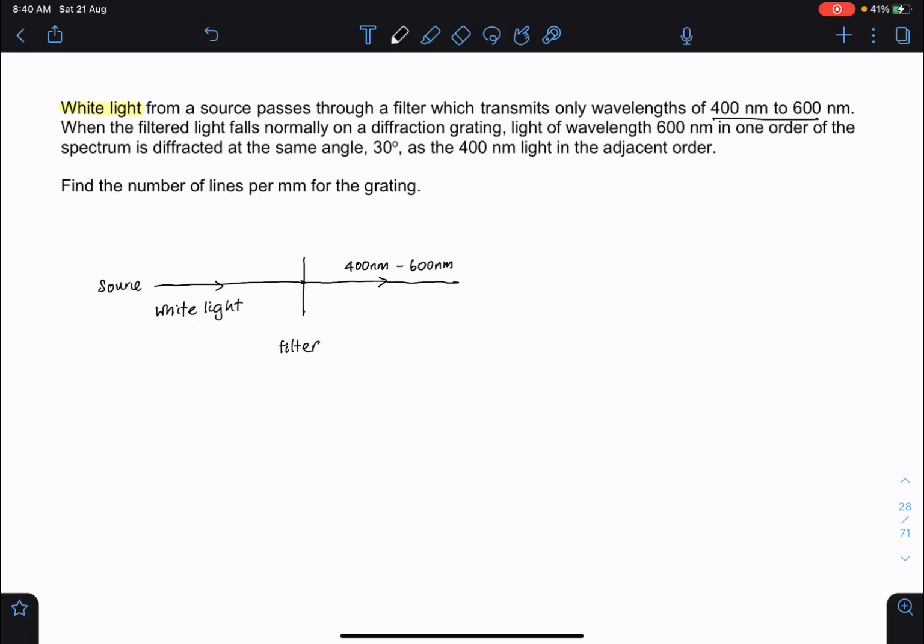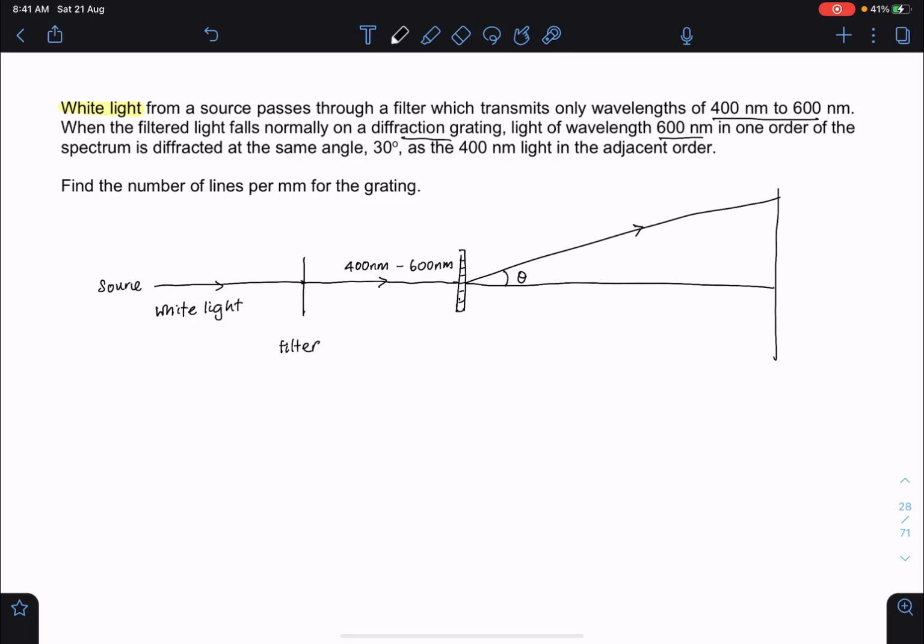After passing through the filter, this filtered light will then pass through a grating, and then I'm told that the light of wavelength 600 nanometer in one of the orders is diffracted at an angle of 30 degrees.